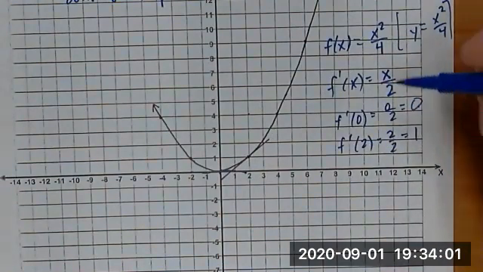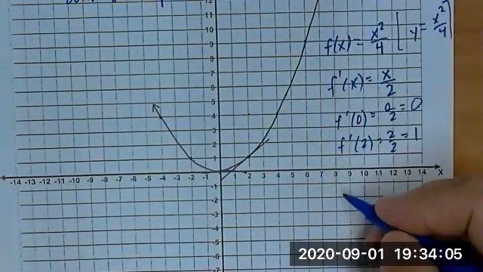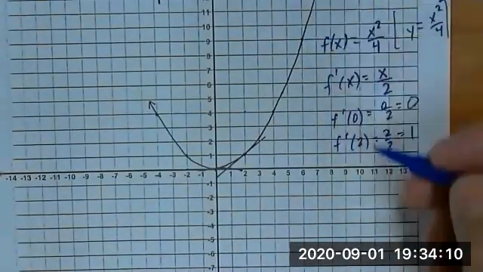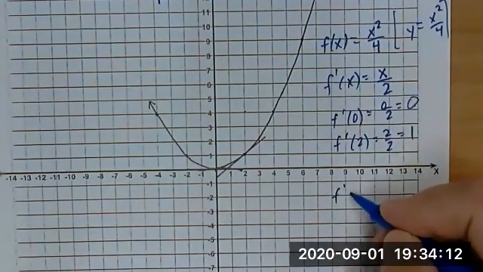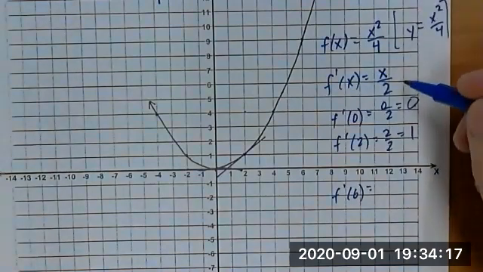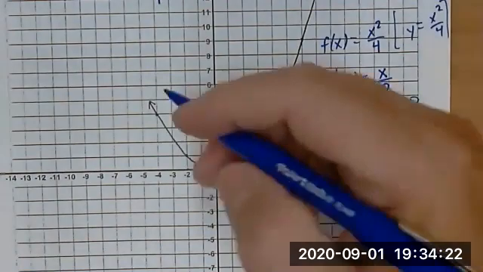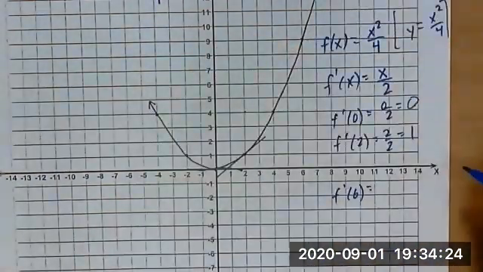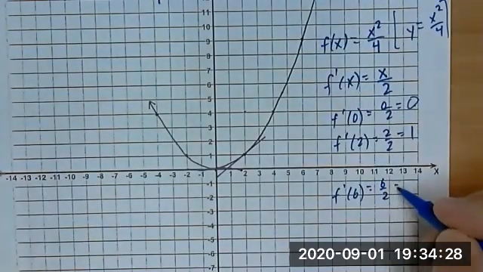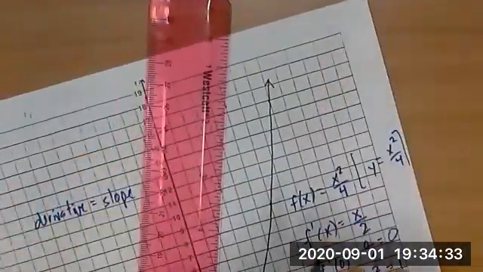I mean, we could do one more. Let's say up here when x is 6. Someone says, what's the derivative of this curve when x is 6? And I say, well, I can give it to you pretty easily because I have already calculated a formula, an equation for the derivative of this graph. I plug in 6 for x. 6 over 2 is 3. Now, when you draw tangent lines, it's not always the most precise thing.